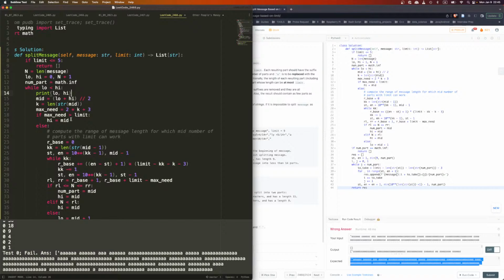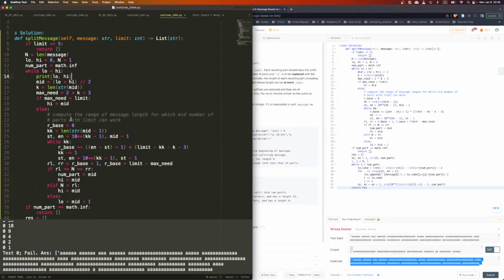Oh, I keep shrinking. I see, I keep shrinking. No, max needs is not larger than limit. No, it's here, my bad. Mid is equal to 1. So KK is 1. Mid is equal to 1.